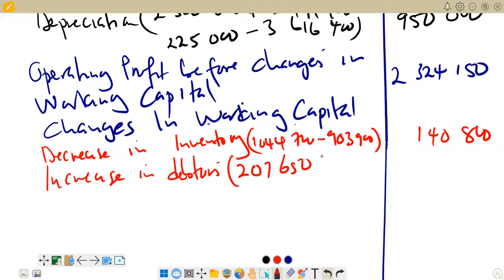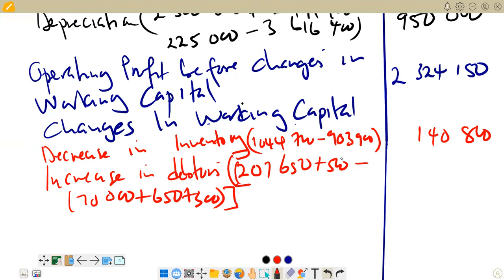207,650. We added 500. And then we are going to subtract the other part, which we can put in brackets again. We are going to subtract 70,000 plus the 650 plus 300. So in brackets, you can put bigger brackets here.